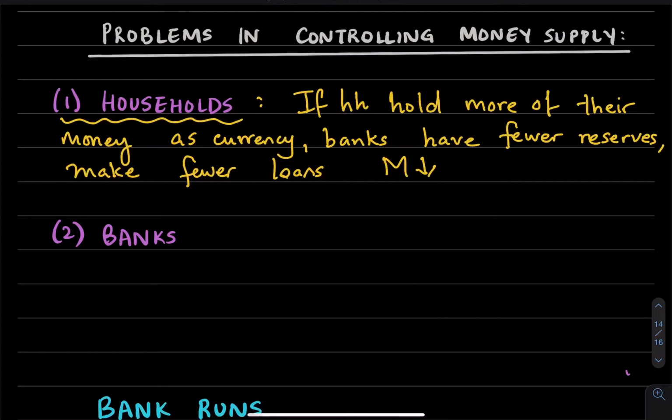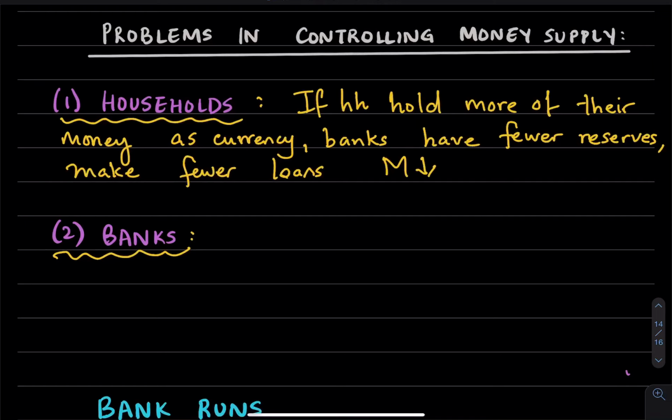Okay, so households also can control money supply in this way. So you want a well-functioning banking sector so that households are not trying to not engage in the banking sector.